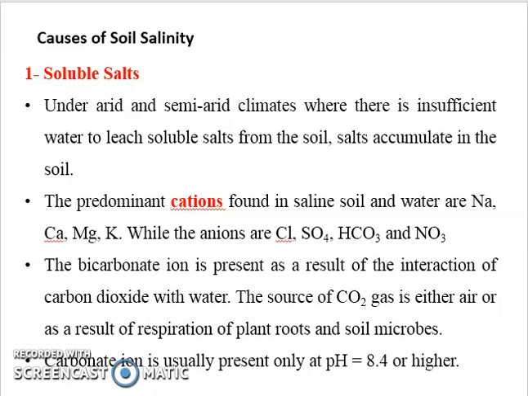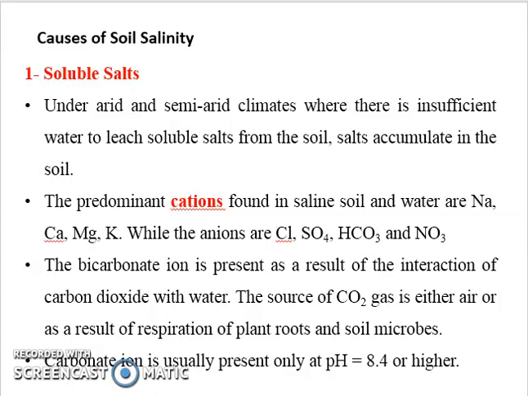Bicarbonate ion is present as a result of the interaction of carbon dioxide with water. The source of carbon dioxide gas is either air or the respiration of plant roots and microbes, which reacts with water to produce hydrogen carbonate.